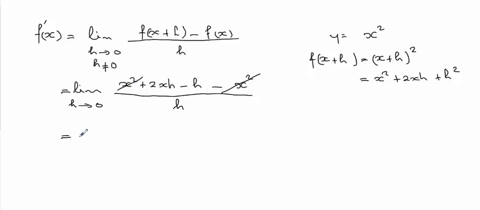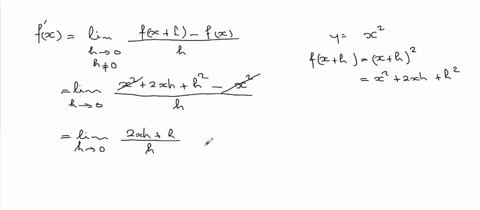In the next line, we're going to have the limit as h approaches 0 of 2xh plus h squared, divided by h.